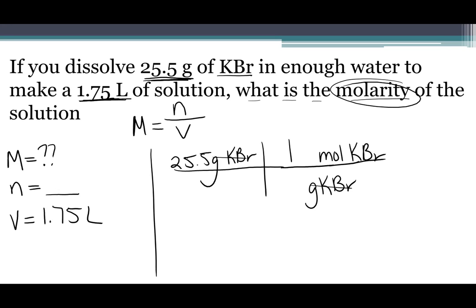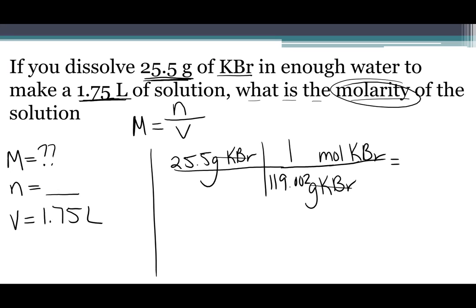Potassium is 39.098 plus bromine, which is 79.904. So add those two together, and the molar mass for potassium bromide is 119.002.